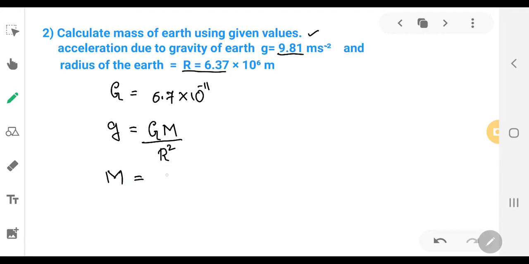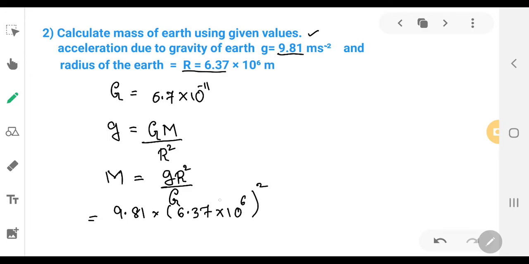M is equal to g r square divided by capital G. Substitute the values: g is 9.81, R value is 6.37 into 10 to the power 6, the whole square, r square, then divided by 6.7 into 10 to the power minus 11.